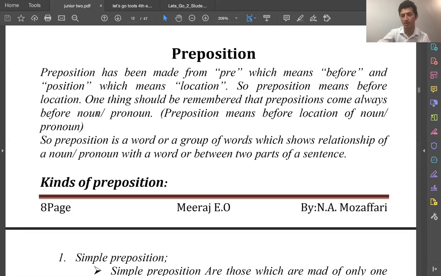Always remember that a preposition can be used before a noun or pronoun. That's the keyword that you should remember. You can't use a preposition before an adjective or something else, but you always use it before a noun or pronoun.